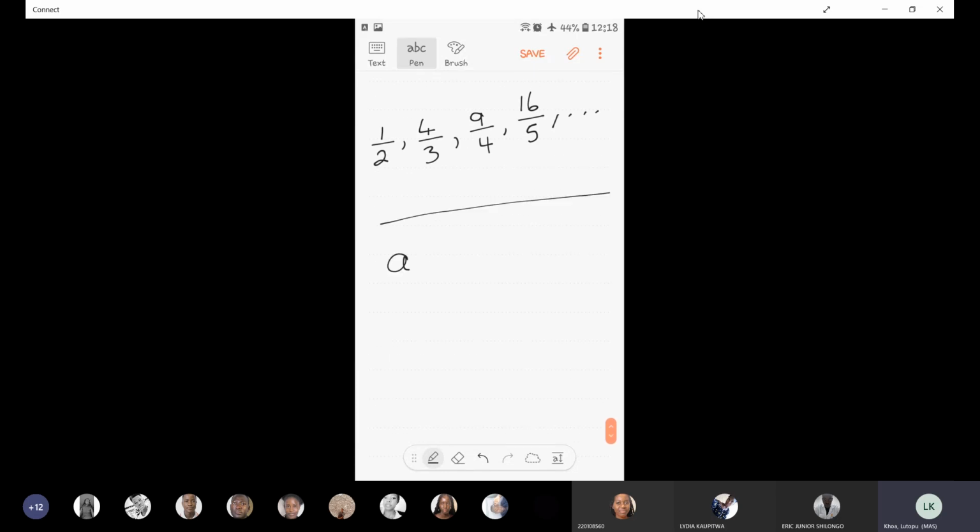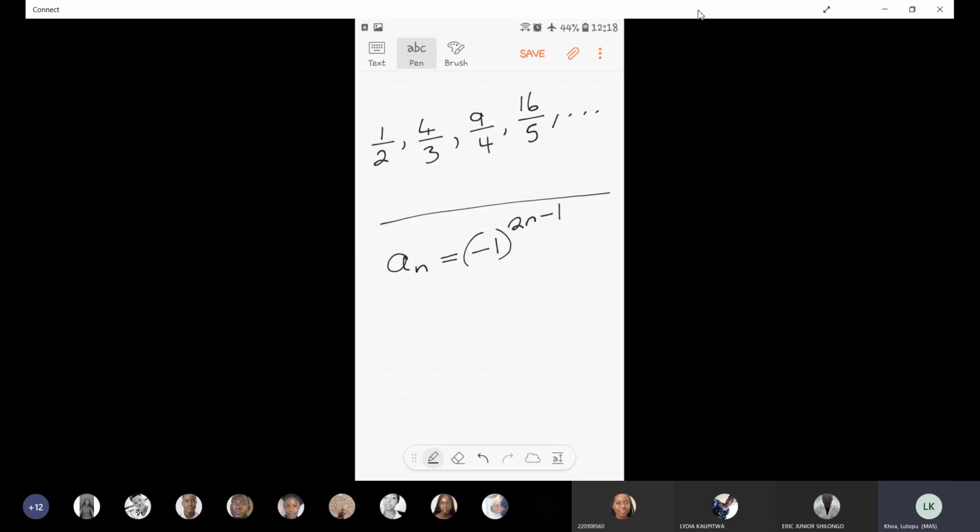Let's see what happens when we have a_n. This is minus 1 to the power of 2n minus 1. So it doesn't matter how complicated the formula looks or how it seems, your procedure is always the same. If you're looking for the first n terms, you just substitute n is 1, n is 2, and so on.